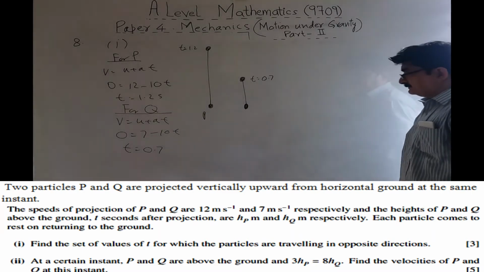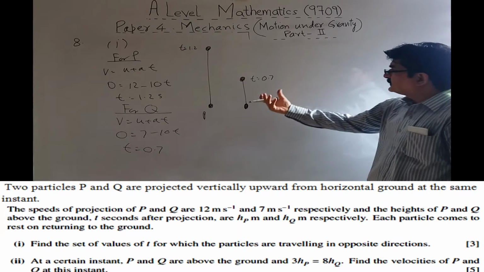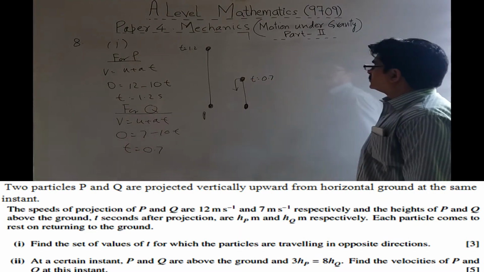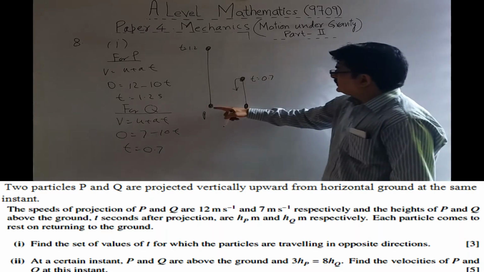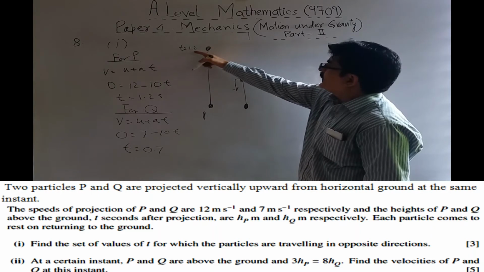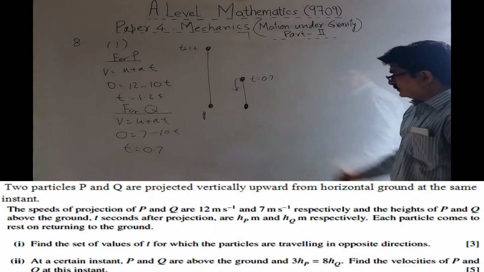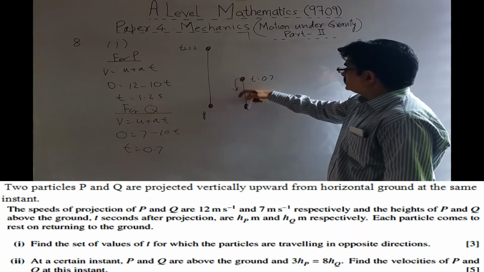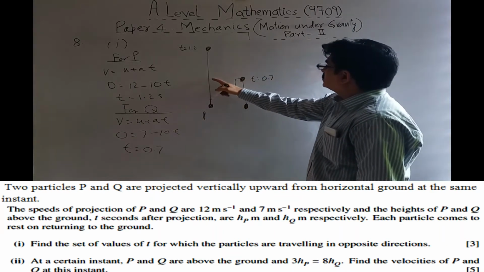So what will happen after it? It will come back. At this time p will be somewhere over here, because it reaches the maximum point at 1.2 seconds. So after 0.7, q will be coming down and p will be going up.